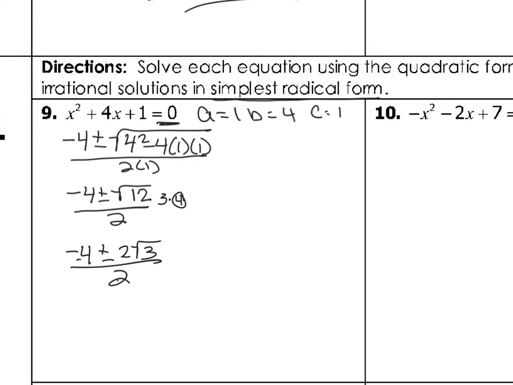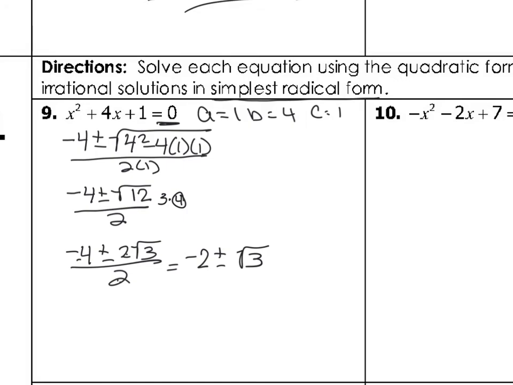And 2 will go into negative 4, negative 2 times. And 2 will go into 2 one time. So you don't have to write that 1. So it's negative 2 plus or minus the square root of 3.